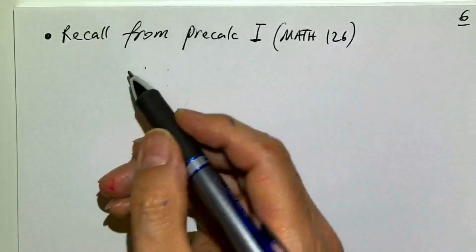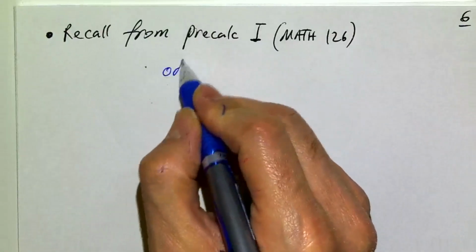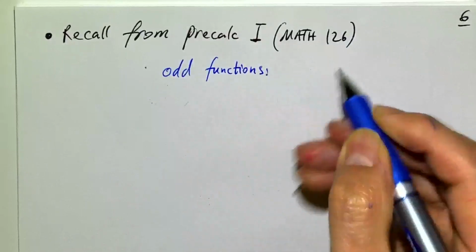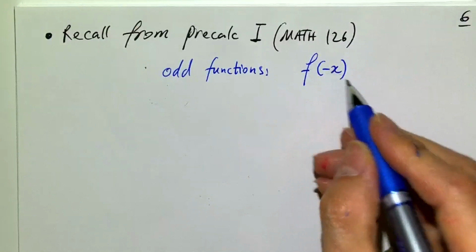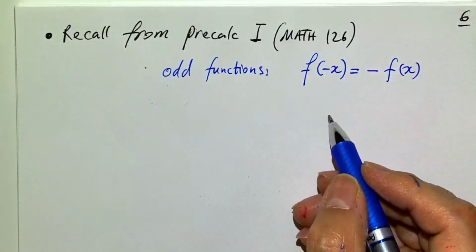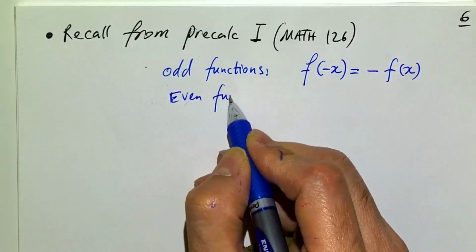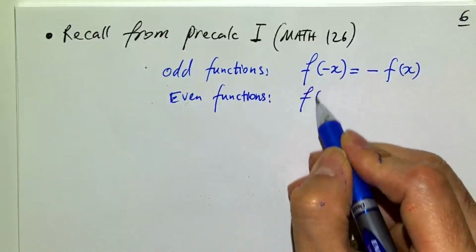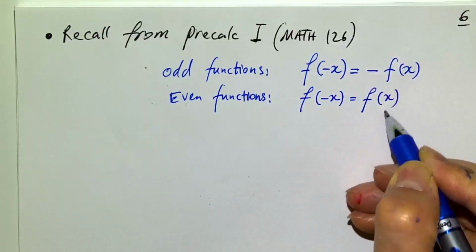Remember that course? Okay, that odd functions are functions such that if you replace the x with minus x, the result is minus f of x. Okay? And even functions would be, if you replace the x with minus x, that'll be equal to f of x.